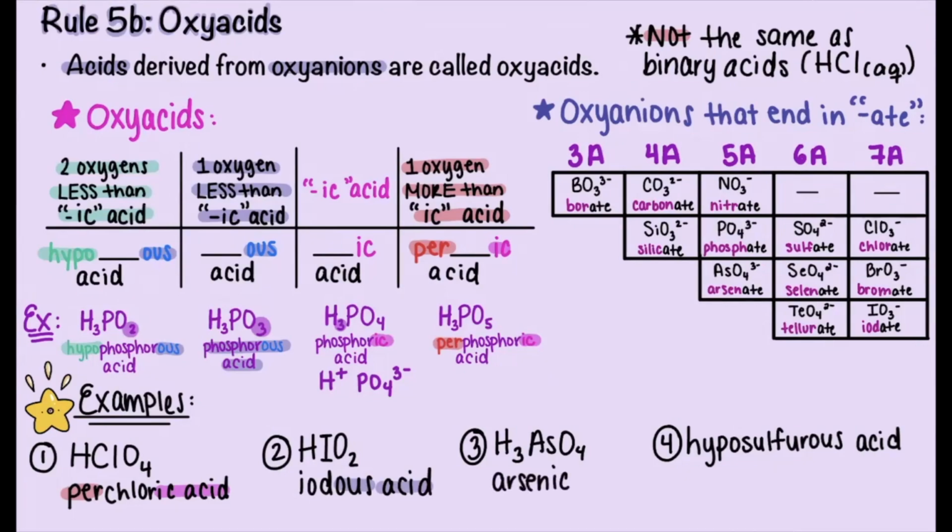And lastly, what if you have the name hyposulfuric acid and you want to get to the formula? Well, we know that hypo means 2 less oxygens. And sulfuric came from the sulfate oxyanion, which was SO4 2 negative. So dropping 2 oxygens, we end up getting SO2 to the 2 negative charge.